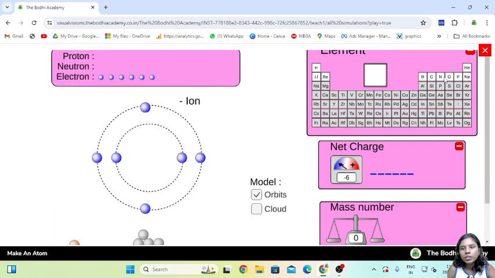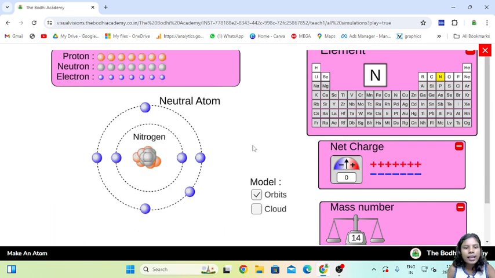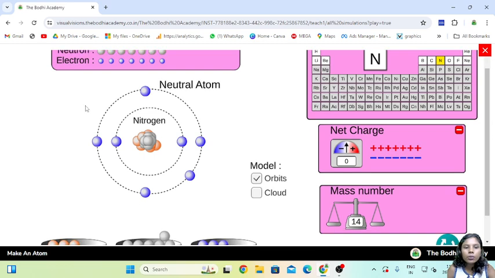Also, if you notice, every time you remove a proton, you can see what the next element formed will be. Say I remove one proton here, so the next one that we get is boron. Say now I remove another one, I'll get beryllium.